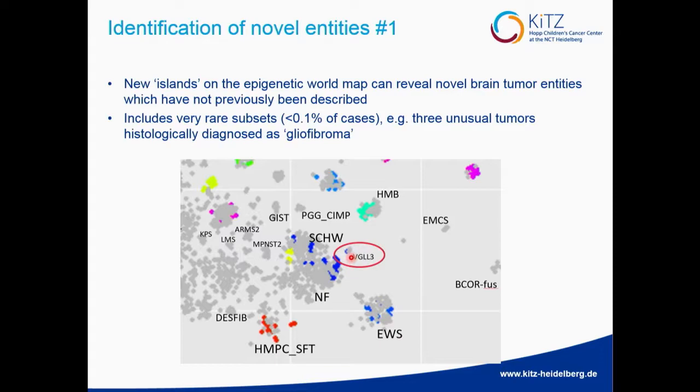So this was a group where the gray means that we didn't really know what it was. The blue means that it was part of the reference cohort. And in this case, 3 of these cases were called gliofibroma, which again is now, we are talking about 0.1% or less than 0.1% of all of these 30,000 cases.